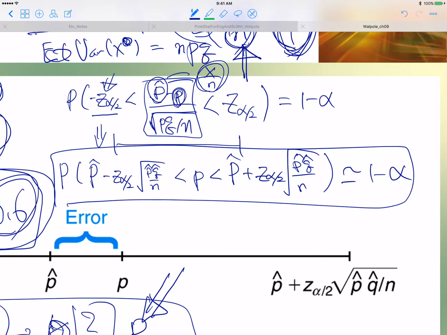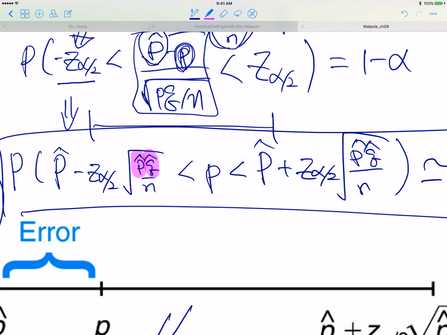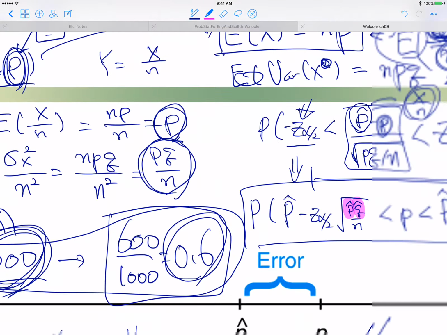In this equation, we see p hat and q hat. This hat means we are using an estimator for p and q. We were kind of happy because we were able to obtain the true variance for our estimator x over n. But our variance also contains an unknown value. We wanted to estimate the true p because we do not know that value.